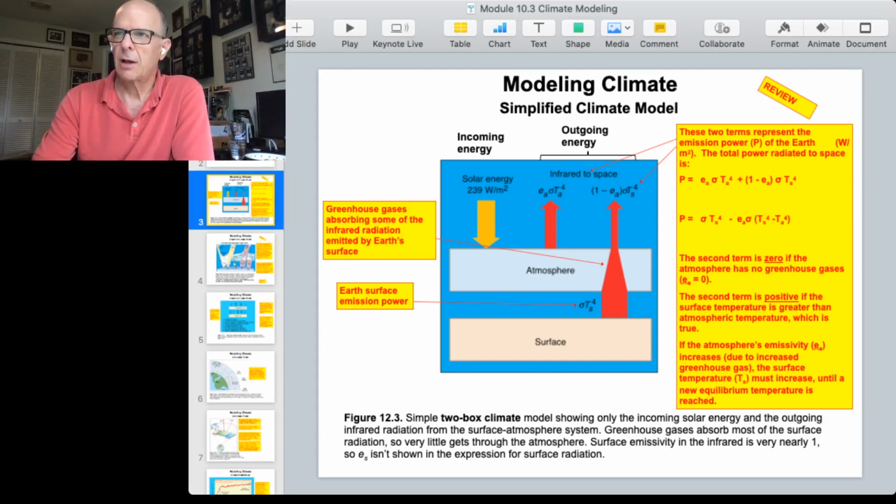These next few slides show this sort of two-layer model of the climate that we have discussed in previous chapters, where there's the radiation coming from the surface of the Earth, there's the radiation coming down from the sun that is absorbed by the atmosphere and by the surface of the Earth, and then there's emission of radiation from the atmosphere to space.